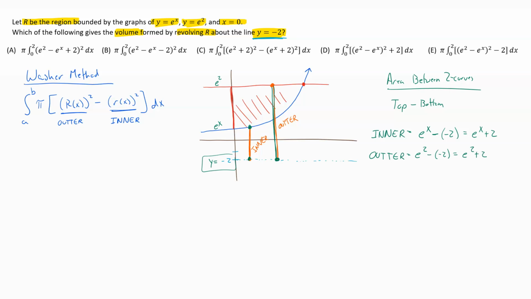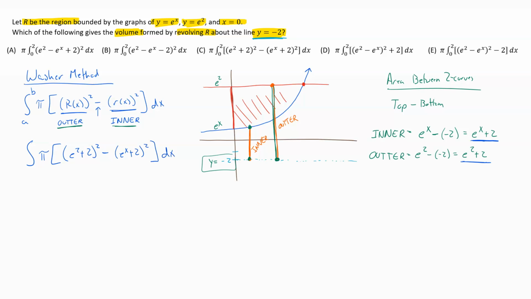Now I have formulas for my inner and outer radius, and I can plug those into my integral setup. I would go integral of pi times my outer radius formula first, so e squared plus 2 squared, then subtract off my inner radius squared, so e to the x plus 2 squared, dx.